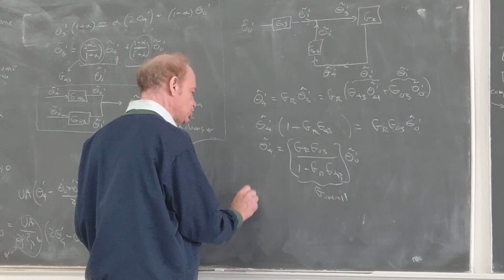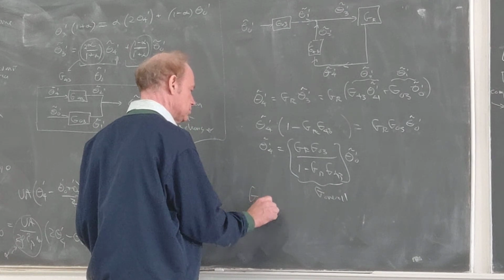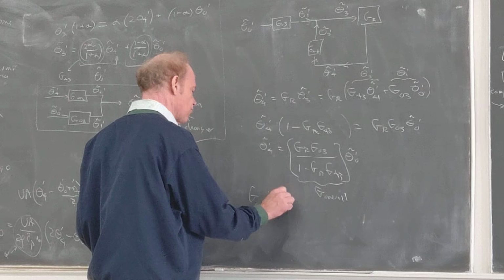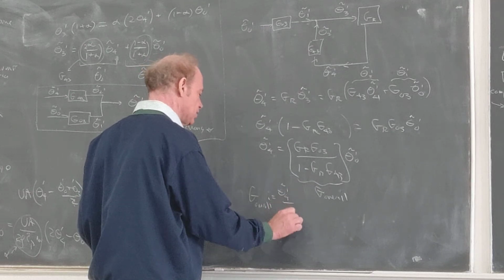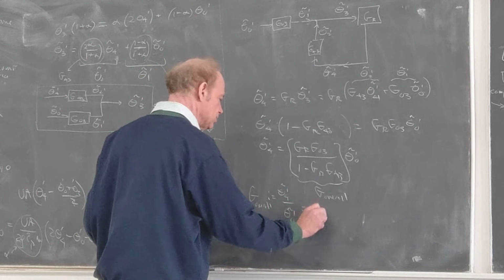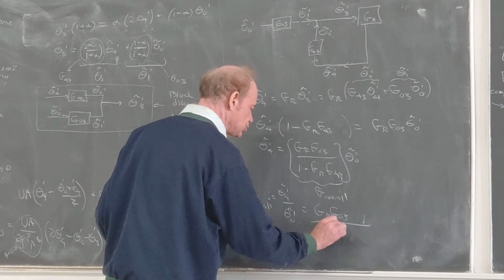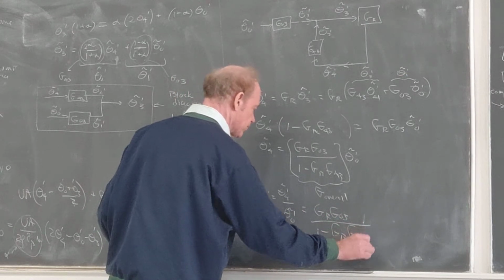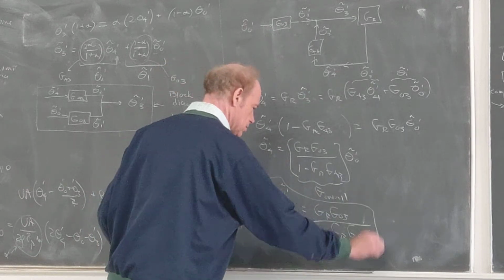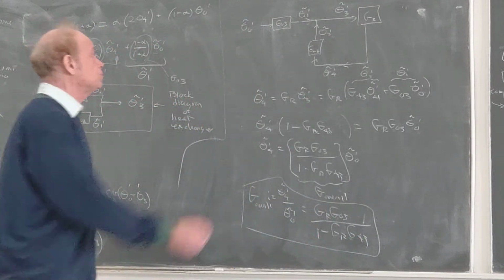And that tells me that G overall, which is defined as theta 4 prime tilde over theta 0 prime tilde, is equal to GR G03 over 1 minus GR G43. And this was my diagram.